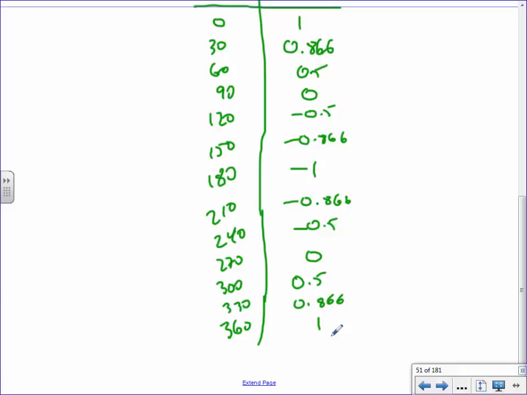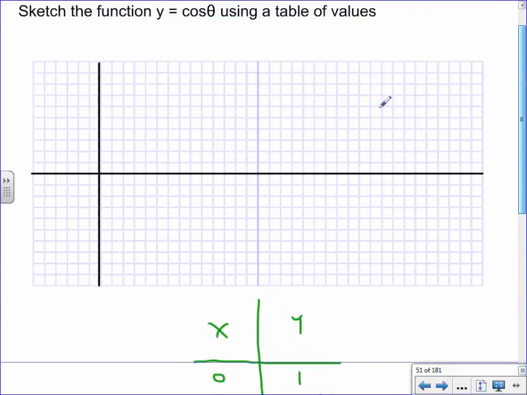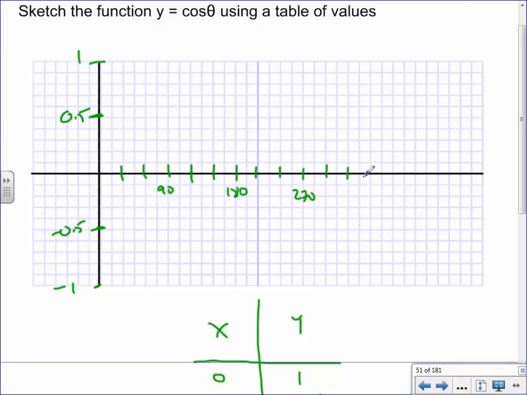So let's try graphing this one now. I want to compare the two. So I'll do the same thing. I'll make this be 1.5, make that be negative 0.5 and negative 1 on the y-axis. And then, what did I do every time? Every 2? 1, 2, 3, so that'll be 30, 60, 90. 1, 2, 3, that'll be 180. 1, 2, 3, 270. 1, 2, 3, 360. And I'll plot the exact same thing.